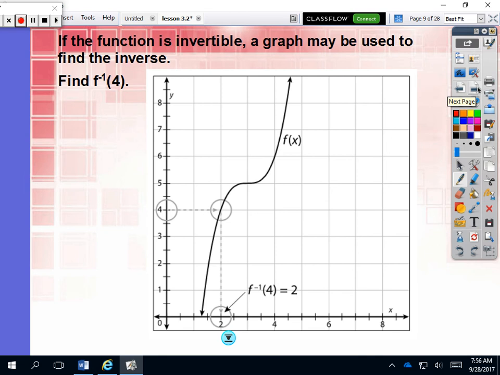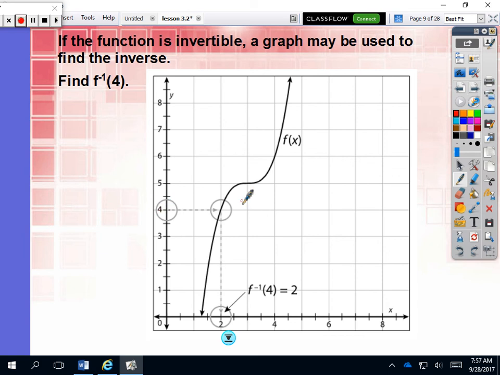Now, I apologize because in your notes, this graph is very difficult to see. So you may have to stop the video while we talk about this part of the lesson. If the function is invertible, a graph may be used to find the inverse. So if I want to find the f inverse of 4, I'm just going to go backwards from 4, because this is f of x.